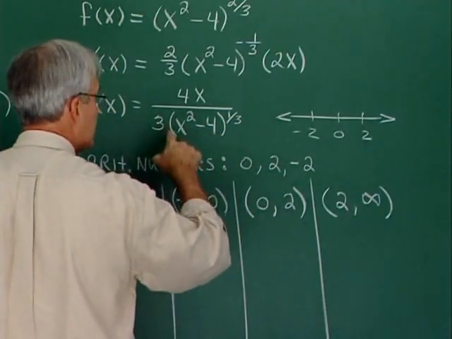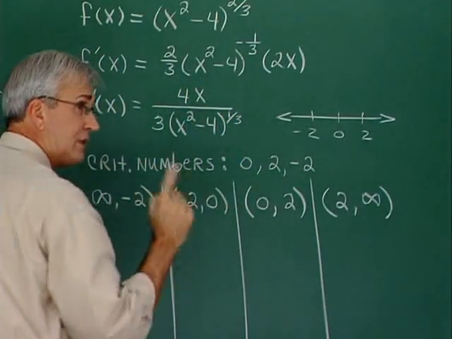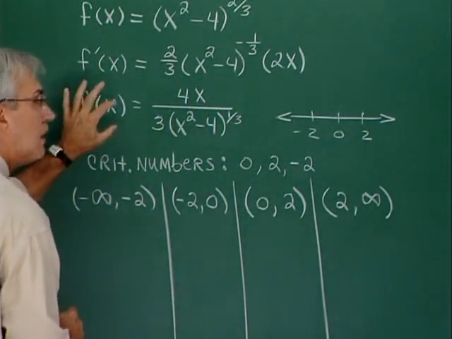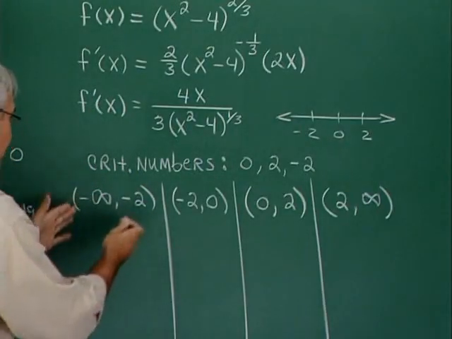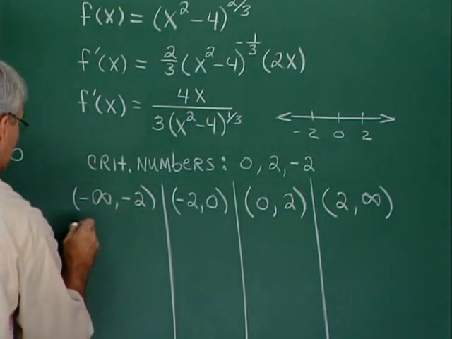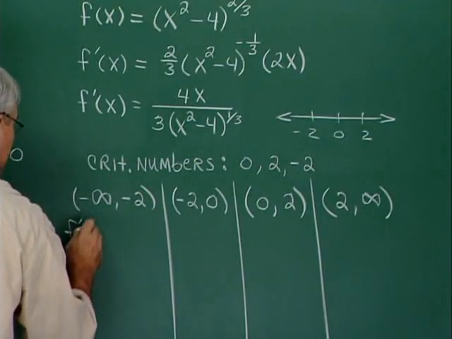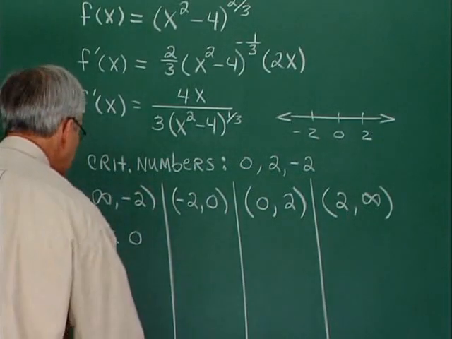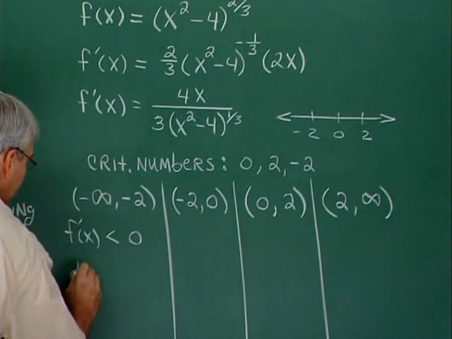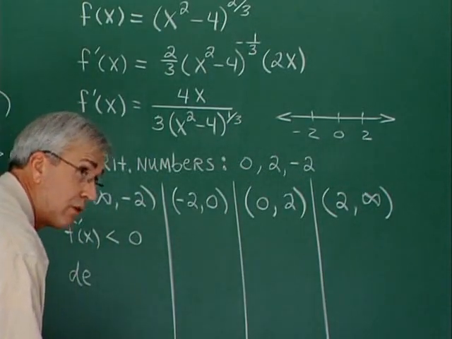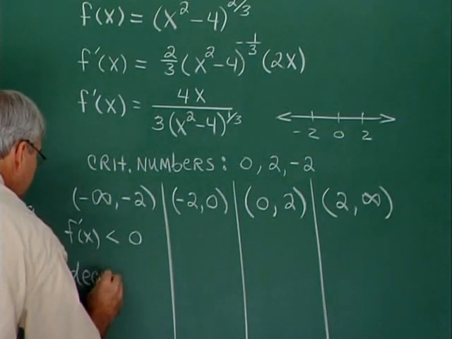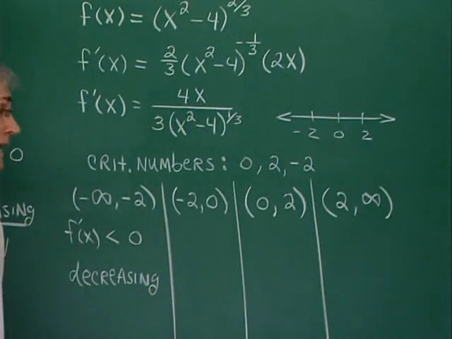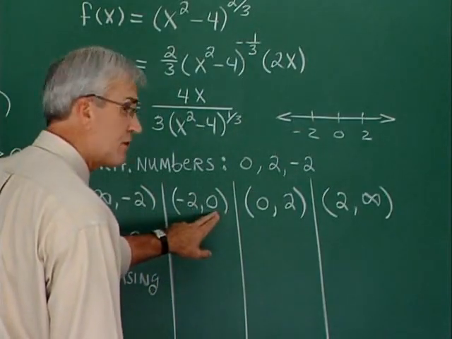So the denominator is positive while the numerator is negative. That gives us a fraction which is negative. So the derivative function is negative for x values that fall into this interval. So f prime of x is less than 0. And that means that the graph is decreasing. That is, the graph of the original function is decreasing in this interval.